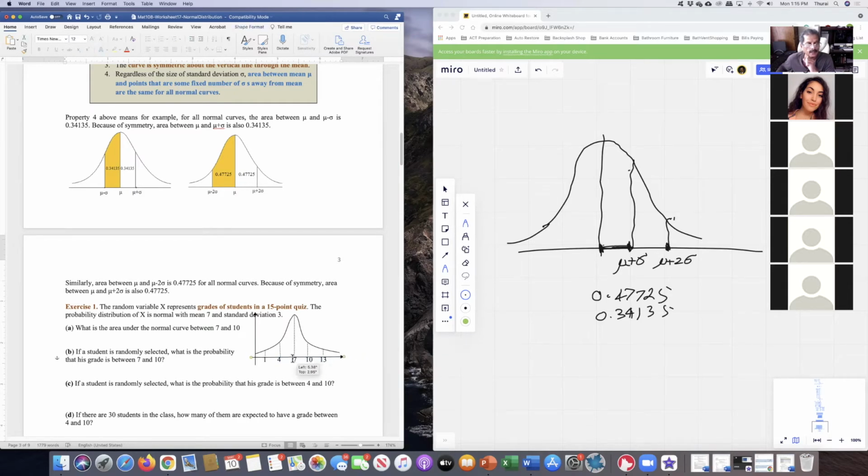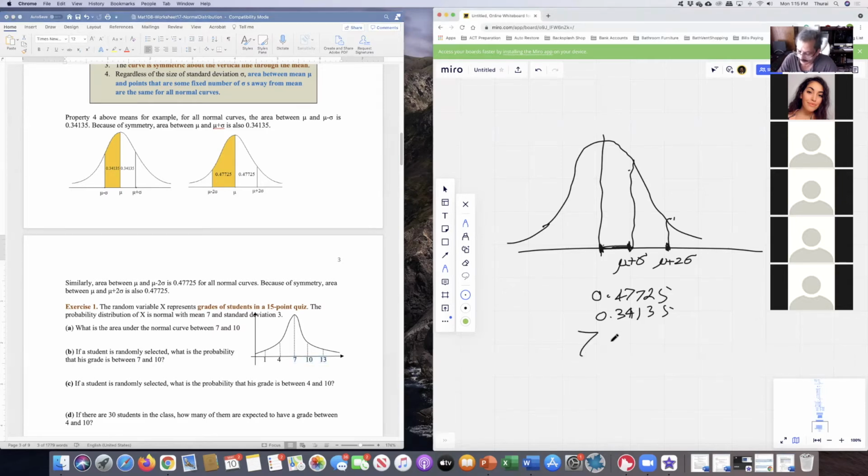From mean to mean plus 2 sigma is the same as 7 to 13. So plus 2 sigma is like combining those two groups, two times sigma. I was confused because I know 2 plus 7 isn't 13. 7 plus 3 is 10. Yes. 7 plus 2 times 3 is 13, 2 sigmas.